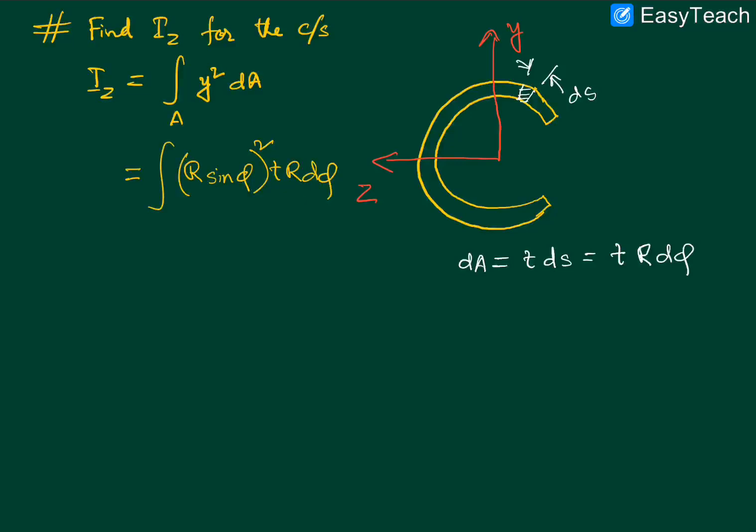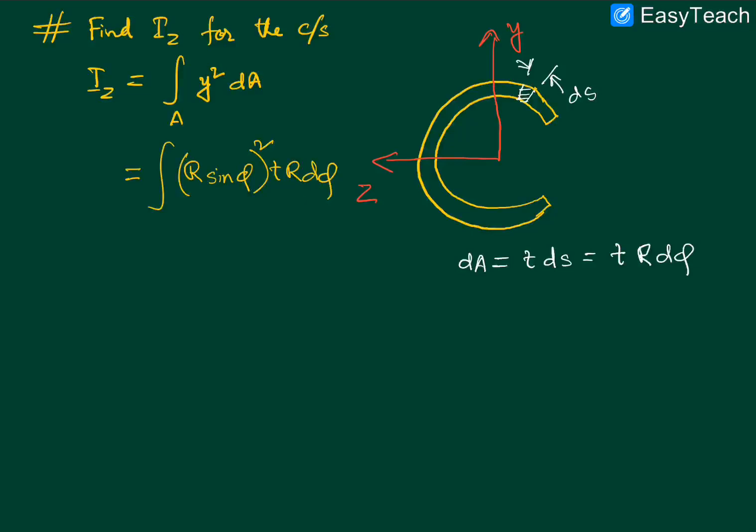Now what will be the limits of integration? We have to put the limits of integration for phi, and you note that in order to cover this entire cross section, starting from here, which is phi equal to alpha, as we go round and come here, it will be phi equal to alpha to phi equal to twice pi minus alpha.